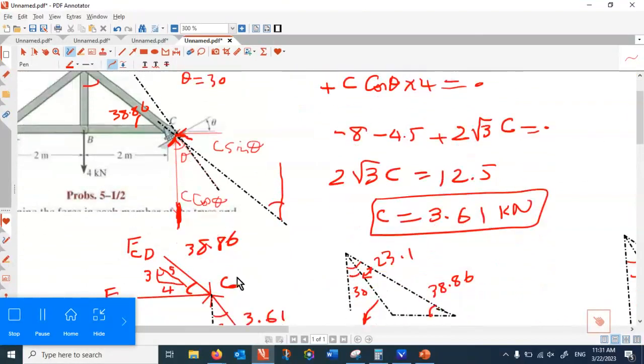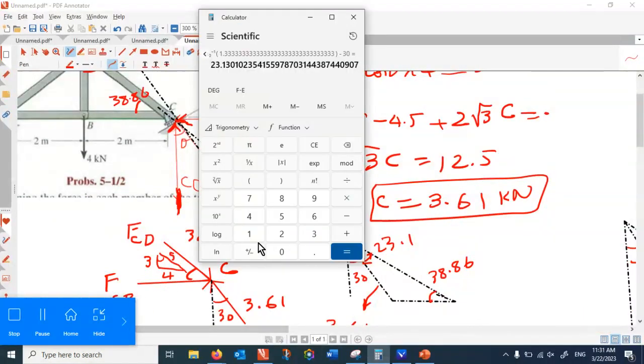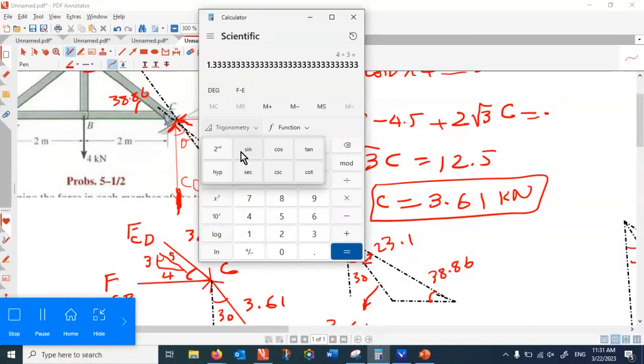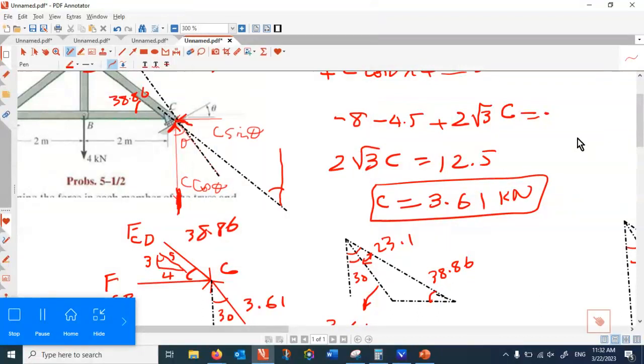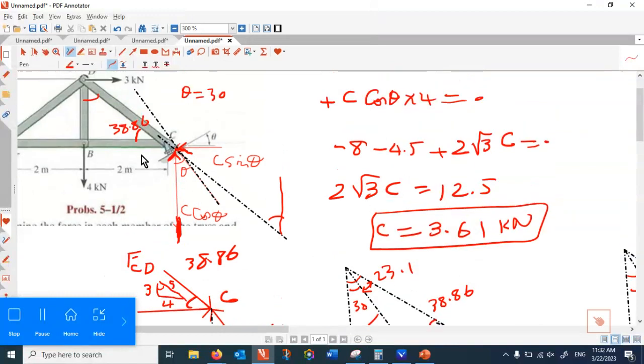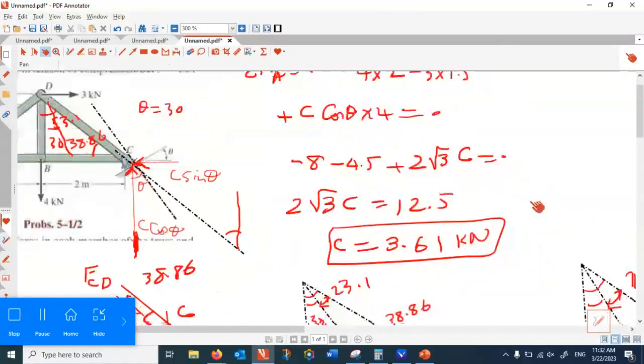That angle is tan inverse of 4/3, which is 53.1. But you have a 30-degree angle here. So take away that 30 degrees from 53, that gives you 23.1 over there, right?